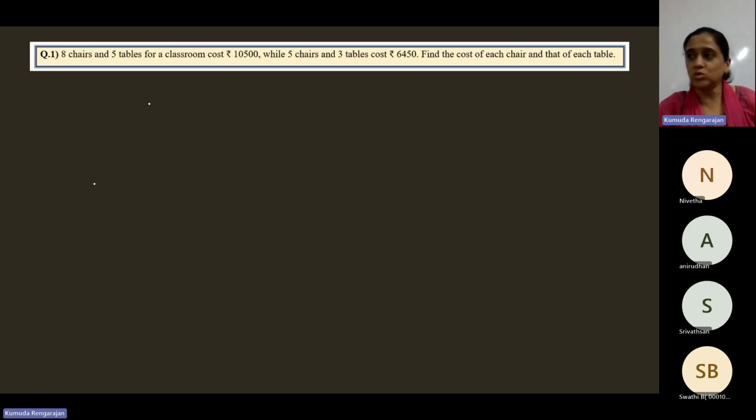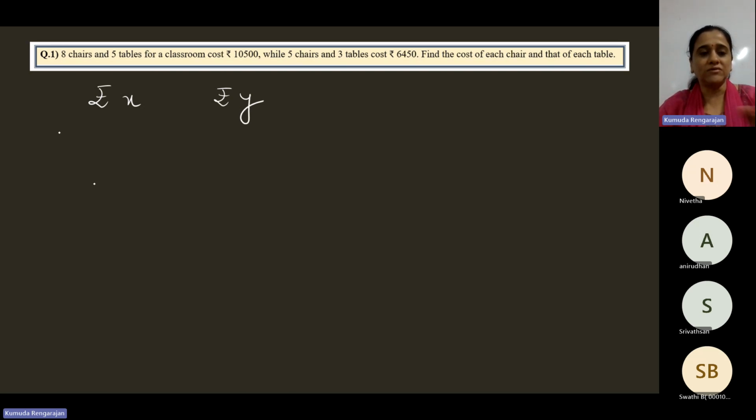So you have to assume it, because whatever you have to find is what you have to assume. Let the cost of one chair be rupees X. Let the cost of one table be rupees Y.